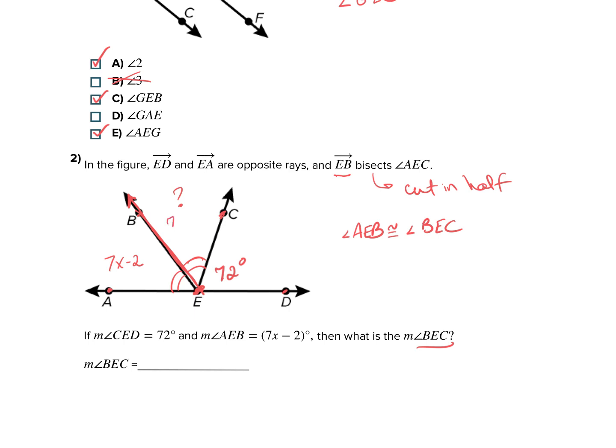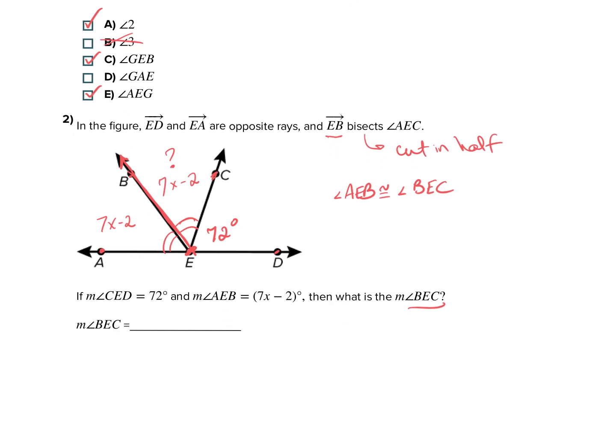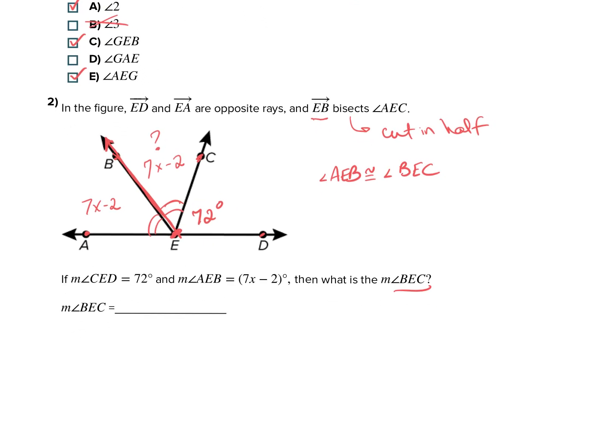So this is also going to be 7x minus 2. And all 3 angles from A to D form a line.